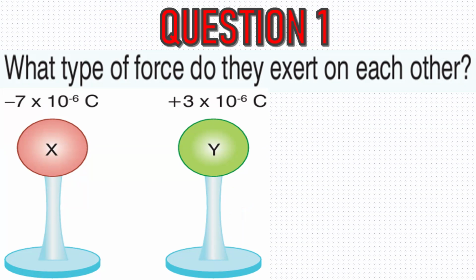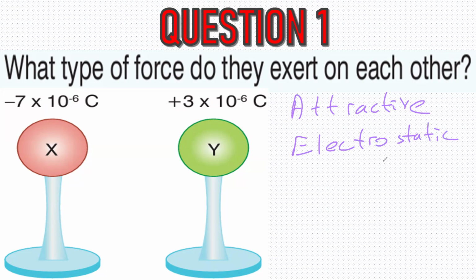So what type of force between these two? We have attractive electrostatic force. Let's write: attractive electrostatic force. Next time I will try to write much better. Why attractive? Because we have negative and positive.